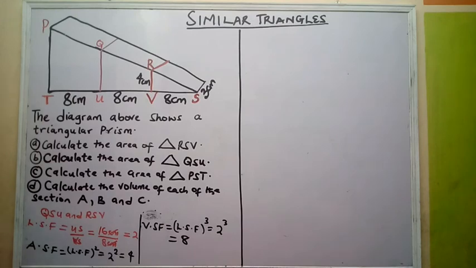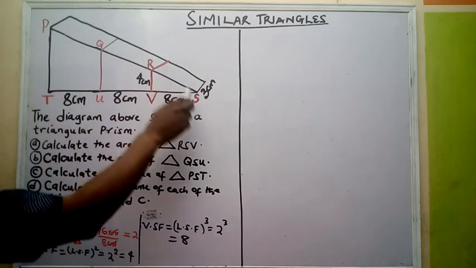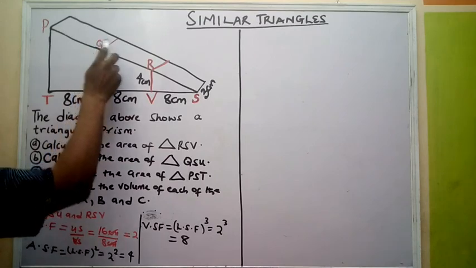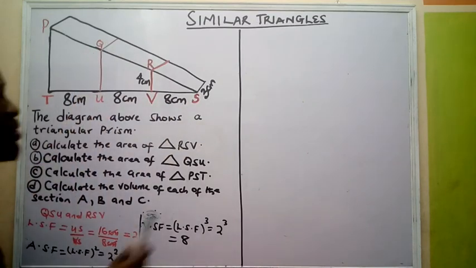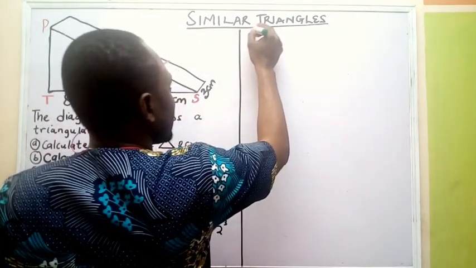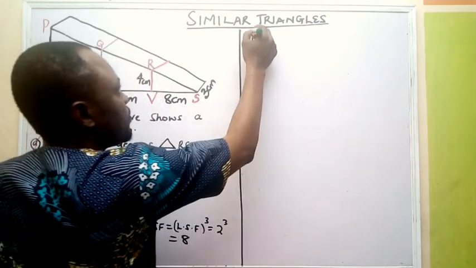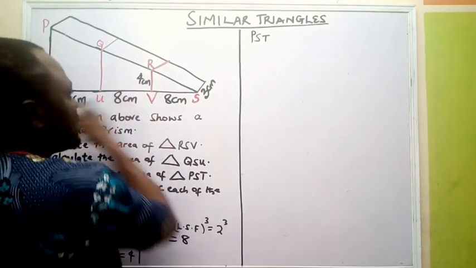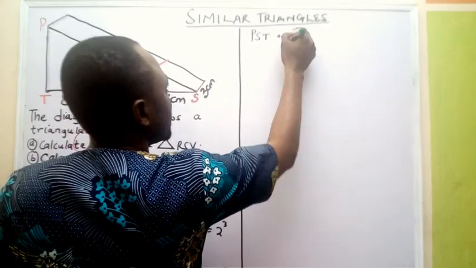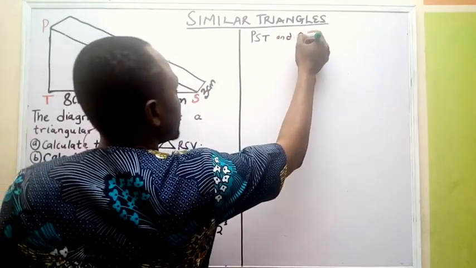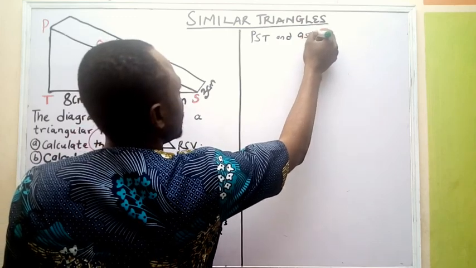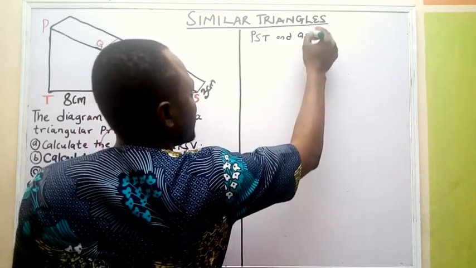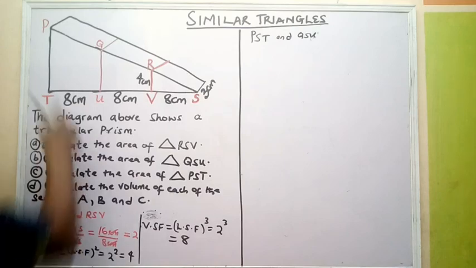Now, I want to compare PST and QSU and get the length scale factor for that.